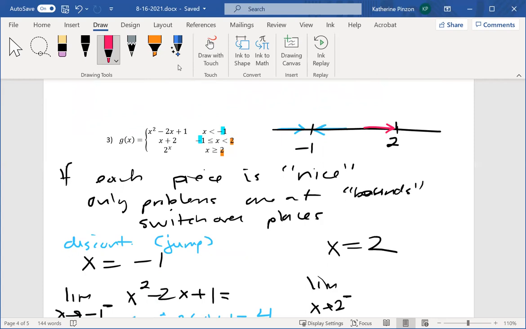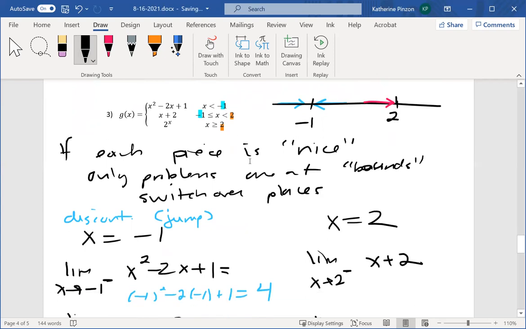The middle one. Yeah, because the 1.9 is in there between -1 and 2. So x plus 2. And if I'm coming from the right, I'm going to use numbers a little bit bigger than 2, like 2.1. That's the third function, 2 to the x.